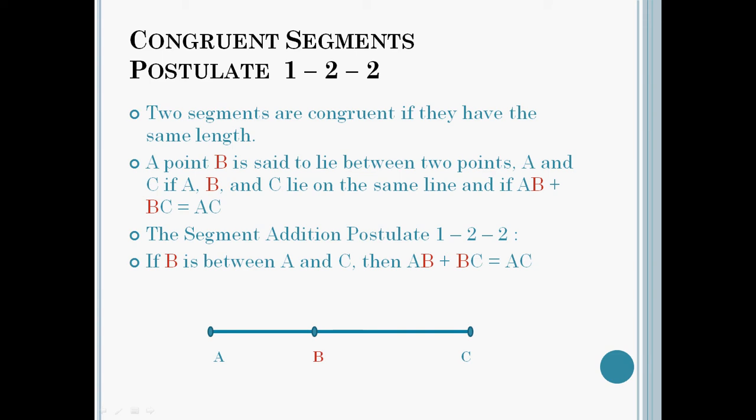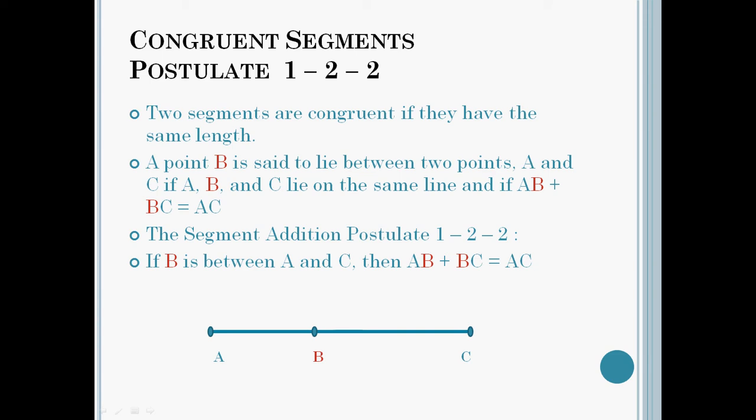We have a little bit of an odd thing that we do in math. We define simple words like between. Betweenness describes the location of points.